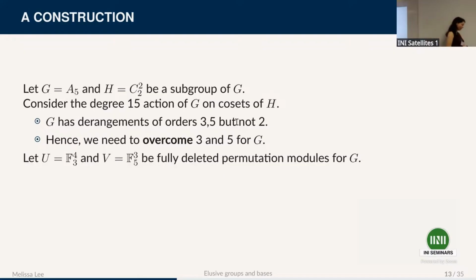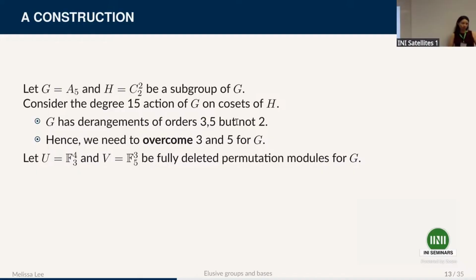So we think up a rather crafty construction, if I do say so myself, but it arises from some quite natural modules for A5. What you do is you take the fully deleted permutation modules in characteristic 3 and 5 over F3 and F5. A5 is acting on 5 points, so I'm going to create a vector space where each of those 5 points is a basis vector, and my A5 becomes a matrix group, which is just permuting the indices of the vectors inside that vector space.